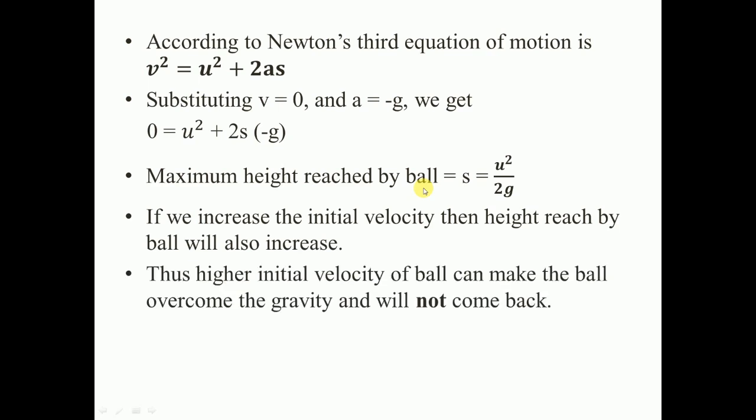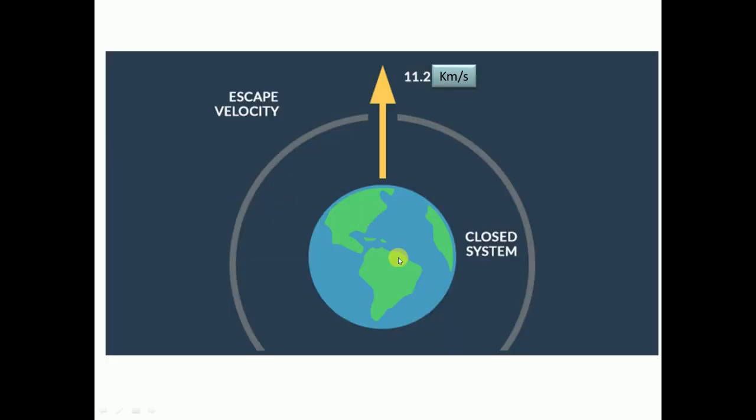We have studied this: if we increase the initial velocity, then the height reached by the ball also increases. Thus a higher initial velocity can make the ball overcome the gravity and not come back. Suppose you throw a ball at a very high velocity so that it can escape the earth's gravitational field.